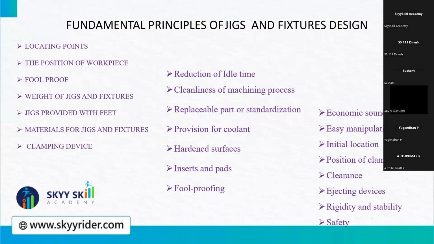Because of vibration there may be chances of chattering marks on the component. You might have seen chattering marks in the milling machine during the activity, right? That should not arise during the activity. So your jigs or fixture must be sturdy and rigid enough. Jigs are sometimes provided with kits so that they can be easily located on the table.